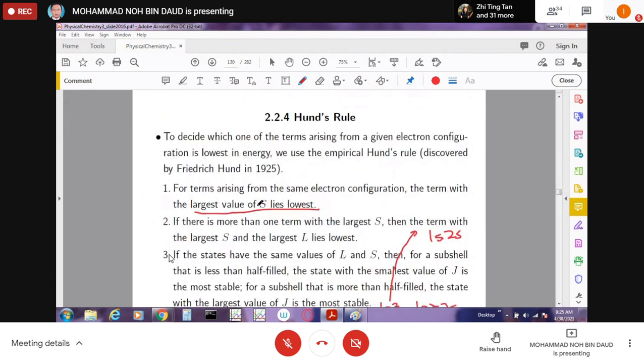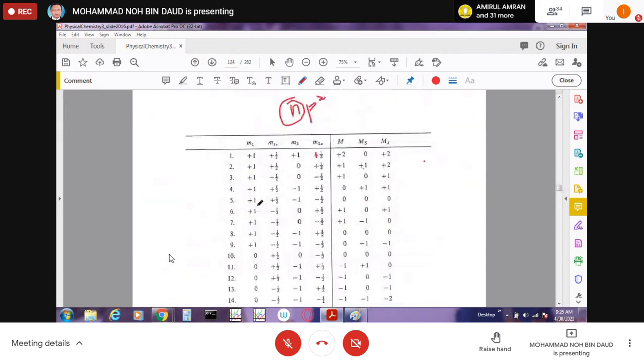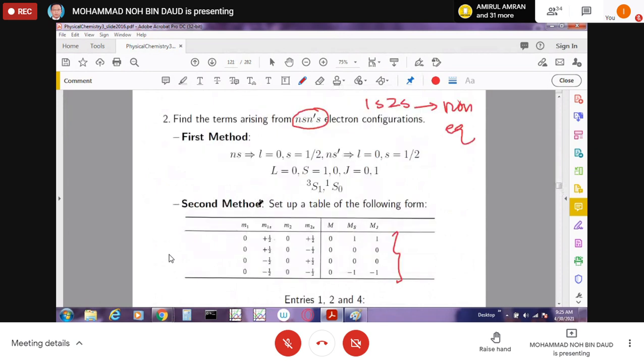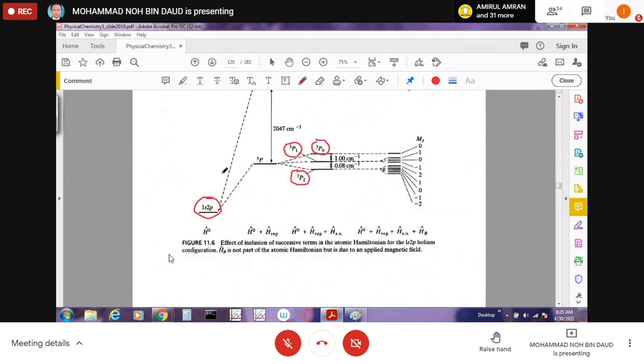S, the largest spin multiplicity. Even though this is an excited electronic configuration, not the ground state, we also can apply this. So the largest spin multiplicity lies lowest in energy.